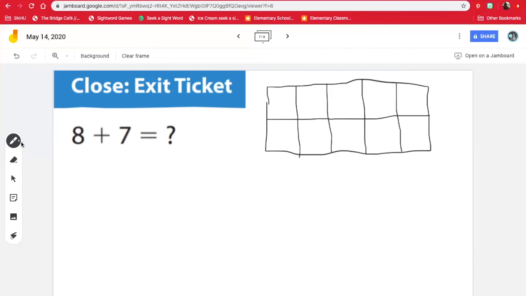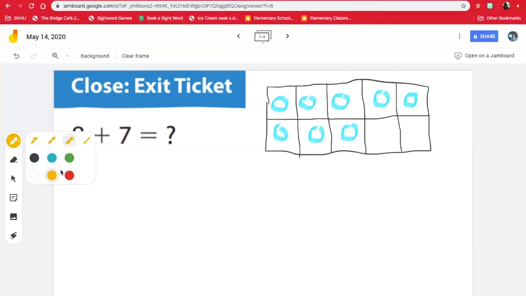There we go. So first, I want to draw 8 blue circles. 1, 2, 3, 4, 5, 6, 7, 8.